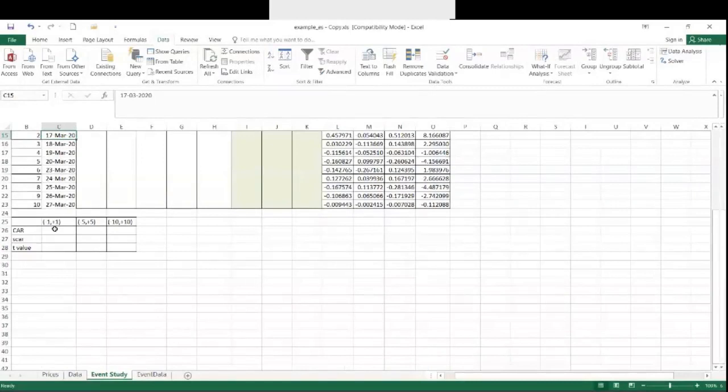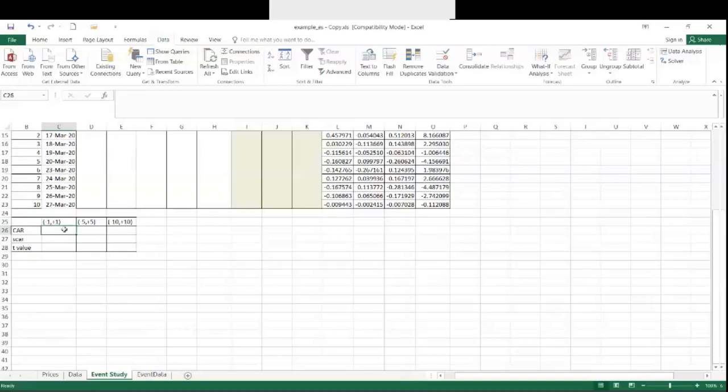For a single stock, the cumulative abnormal return is calculated as the sum of abnormal return over different event windows. Here, the first cumulative abnormal return I am calculating is over 3 days around the event, including the event day, which is -1 to +1. So the total number of days is -1, 0, +1, so 3 days.